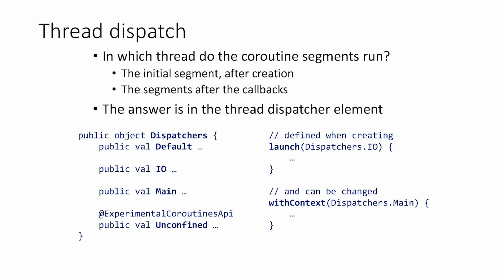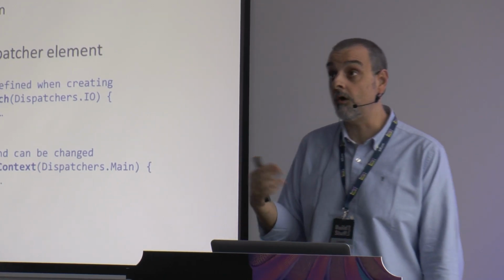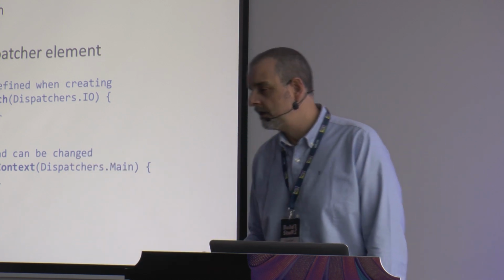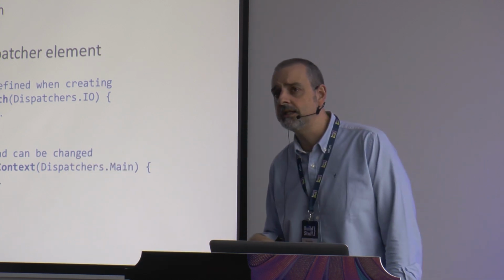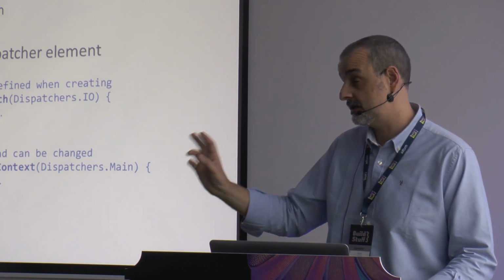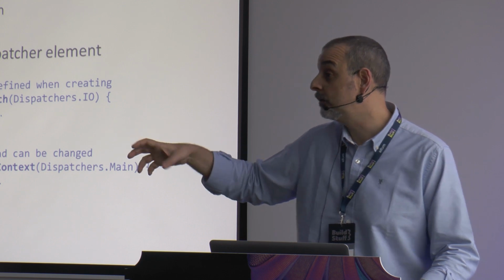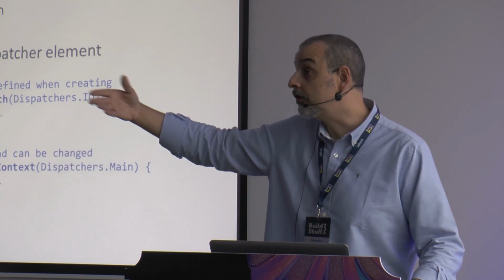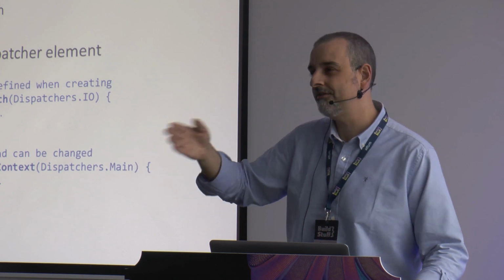So, on coroutines, I'm using continuations to register callbacks. And those callbacks will be called in threads that belong typically to the library that I'm using. For instance, if I'm using the asynchronous HTTP clients from Apache, it will have its own thread pool, and the callback will be called in its own thread pool. But I may want to continue the execution in a different thread.